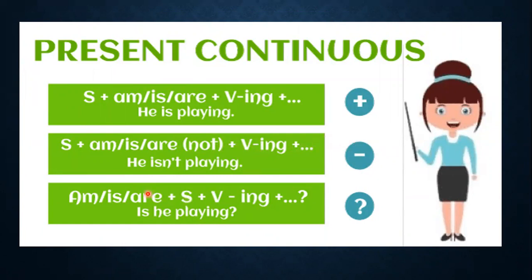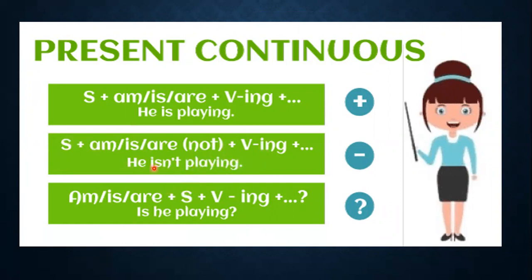We have an example, he isn't playing. He is the subject, isn't is the conjugation between the verb be plus not, él sería la conjugación del verbo be con el not, plus the verb, que sería play, plus ing, más el ing.